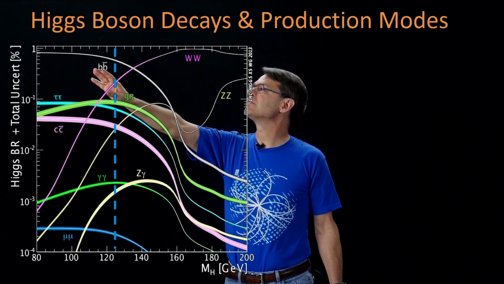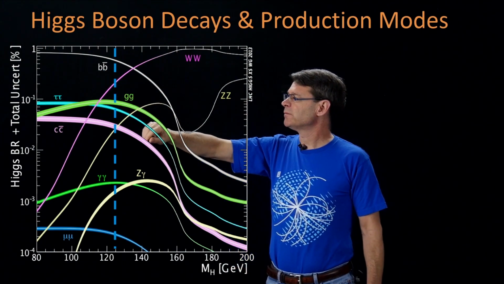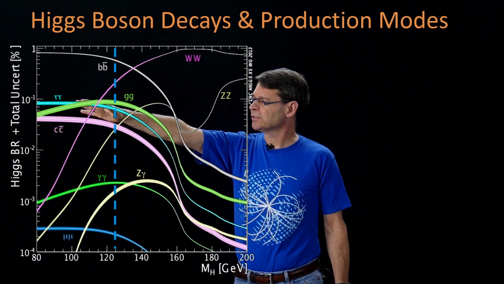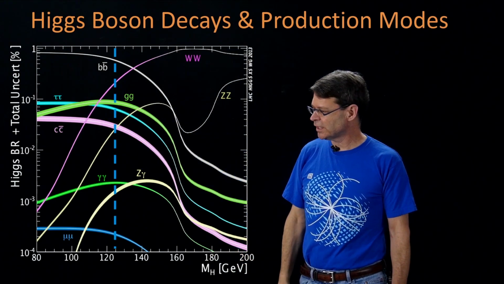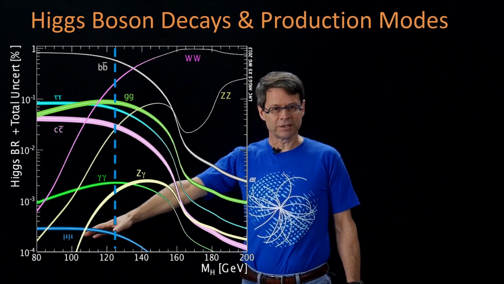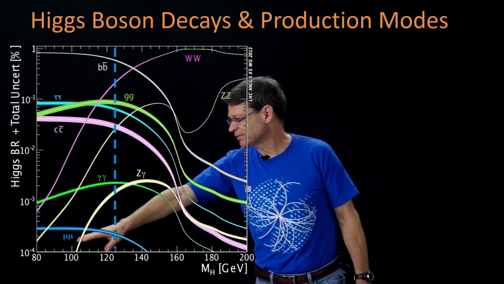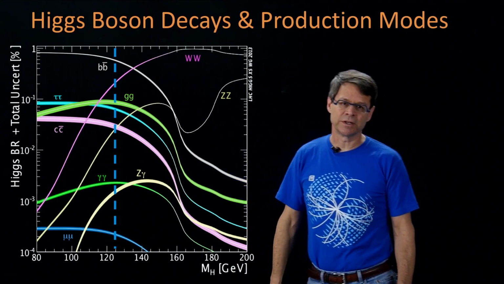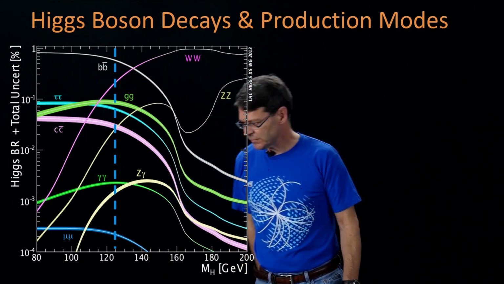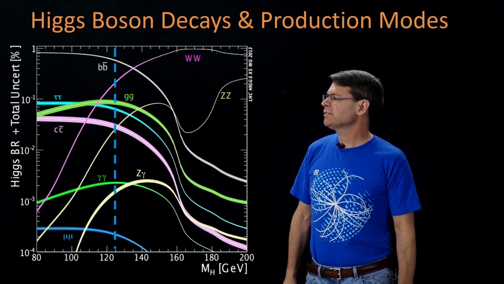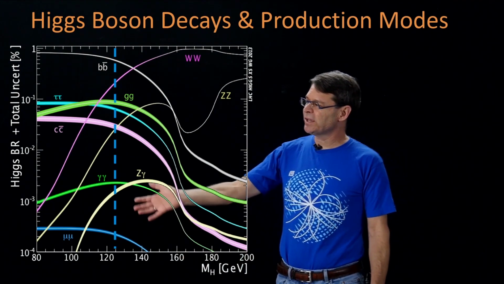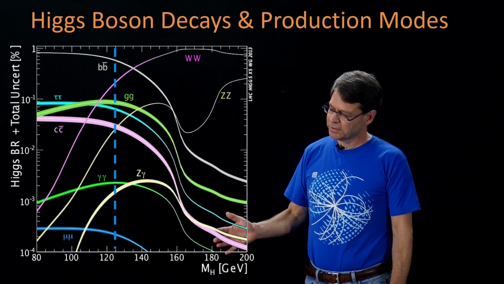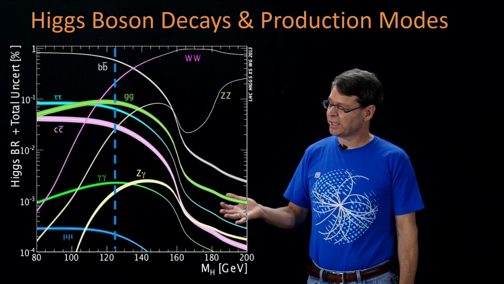So at low mass, it's bottom quarks, followed by tau leptons and charm quarks. And then the poor lowly muon branching fraction you can see is quite tiny, just about 10 to the minus 4 down here. Okay, so that's the range of possibilities.